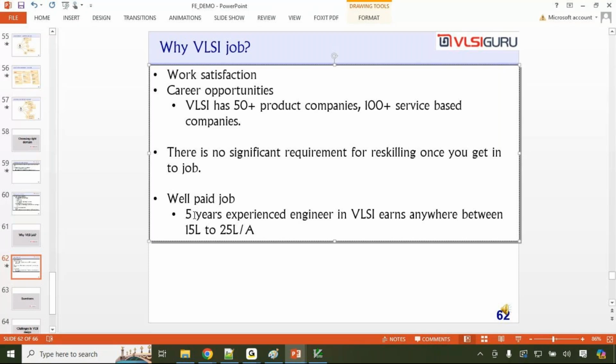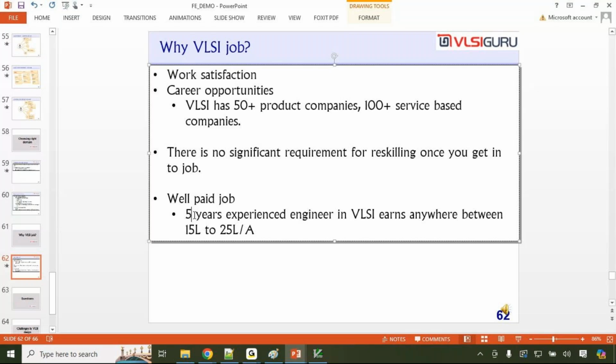The most important benefit of VLSI is you don't need to upgrade yourself every 3 years. In software, technologies keep changing. Completely new technology comes. Six years back, I used to hear terms like big data, Hadoop. Then 2-3 years back I was hearing data science. Now we hear AI/ML. So to be relevant in the software domain, people have to keep upgrading and learning new technologies.